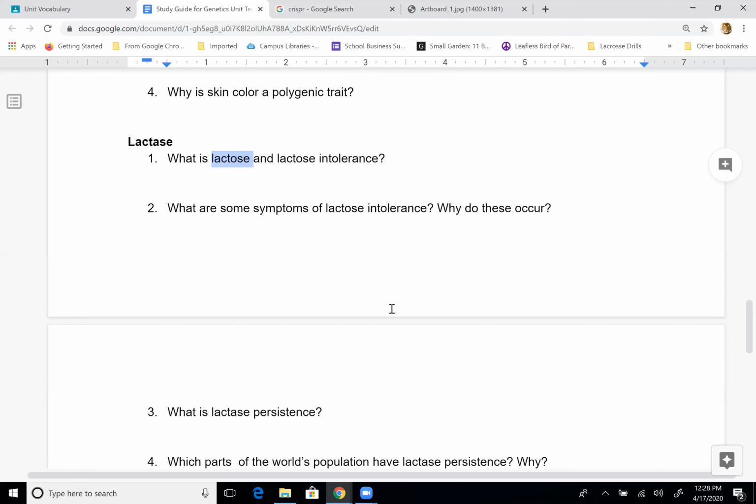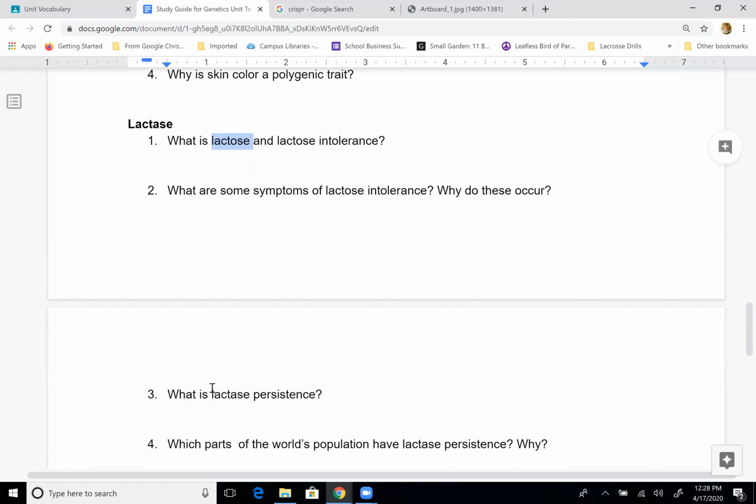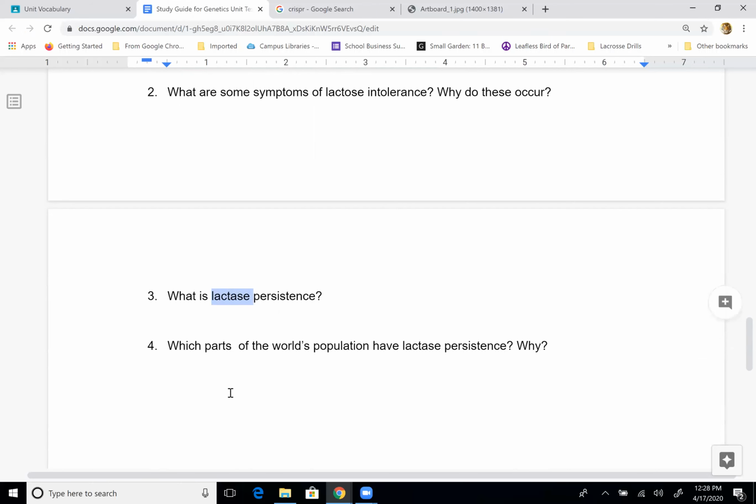The more interesting part is some humans' bodies continue making lactase, and we say those are lactase persistent individuals because regardless of age, they can digest lactose because their body keeps making that gene.